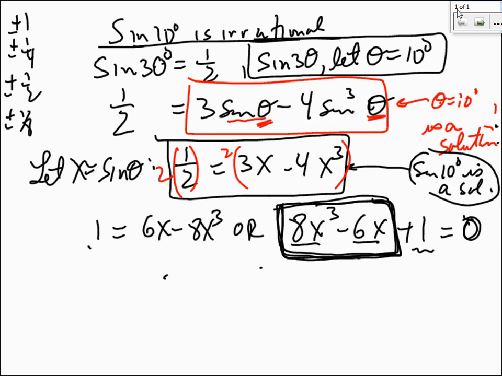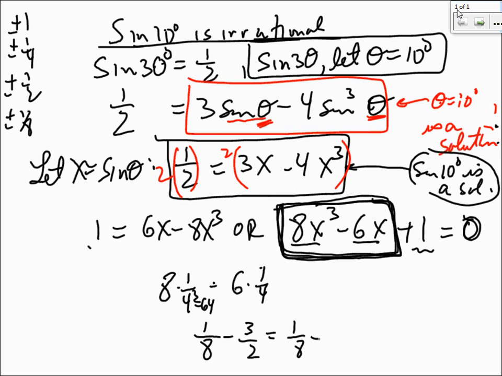Let me plug in 1/4. 8 times a quarter cubed minus 6 times a quarter. Well, a quarter cubed is 1/64. 8 over 64 is 1/8. And now we're taking away 6/4 or 3/2.